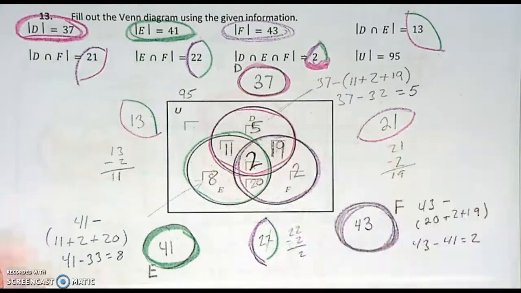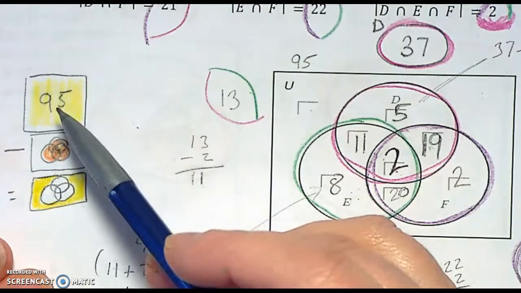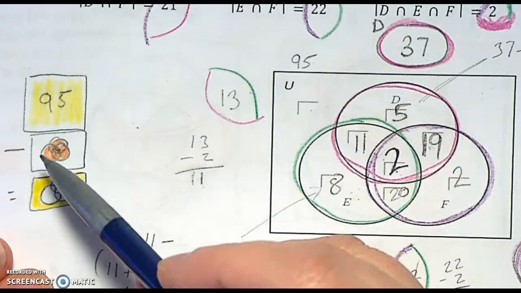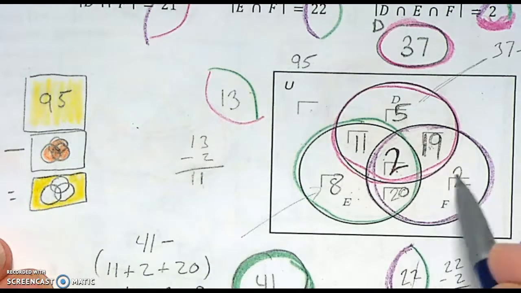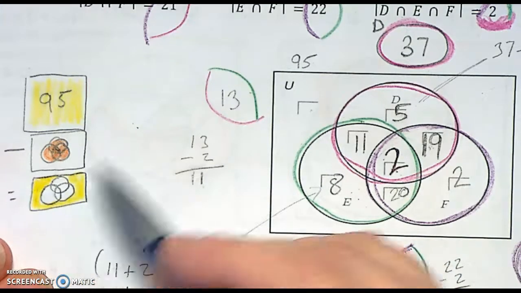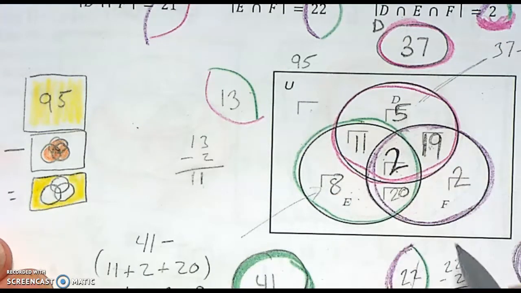So let me write all that down. We take the total universal cardinal number, 95, in the entire box, and we get rid of all of the stuff that is in the different subsets provided to get the leftover guys that are not in set E, nor are they in set D, nor are they in set F.